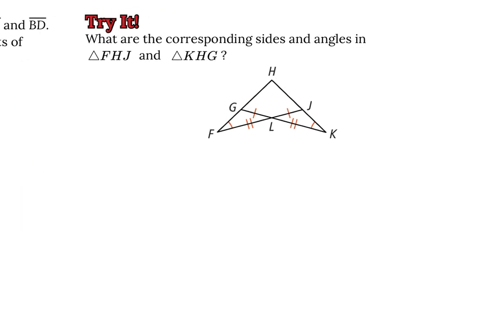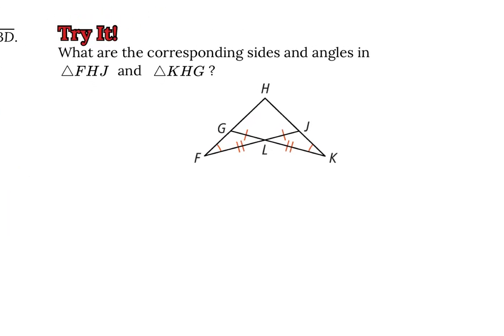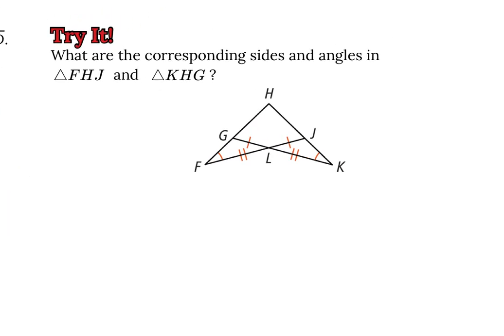All right, try it. What are the corresponding sides and angles in FHJ? So FHJ, and then triangle KHG. So we're trying to find our corresponding parts here. Okay, first thing I'm going to do is separate these by sketching them out. So FG, HJ.